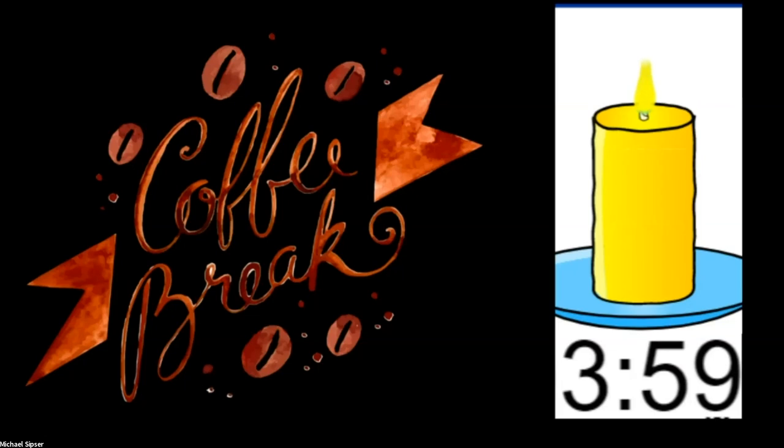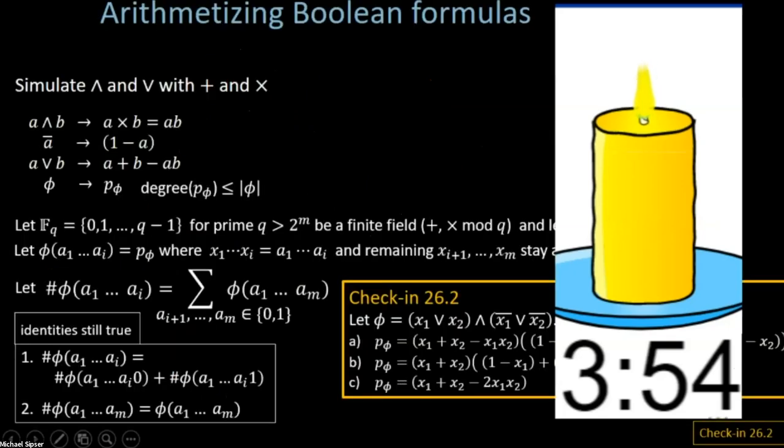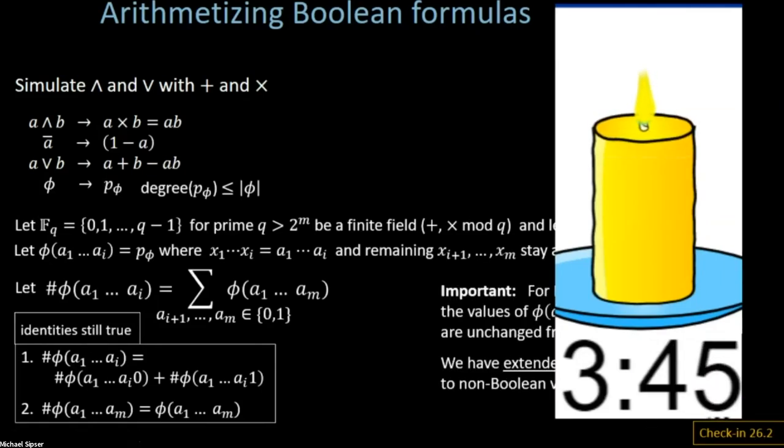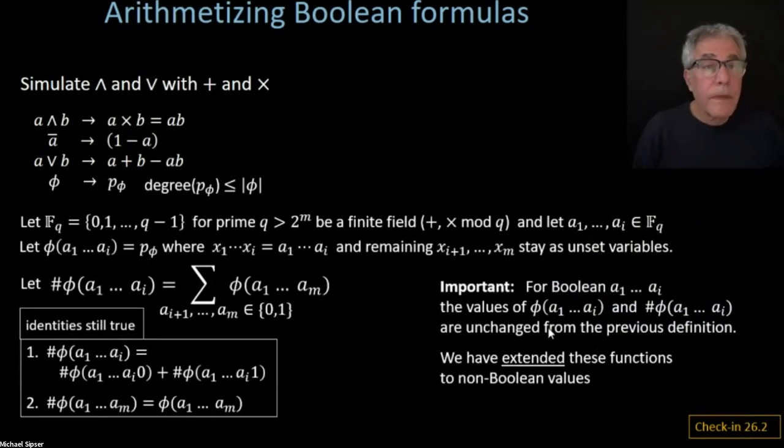Okay, so the important fact. Let's go back. You wanted to see the important fact. So this is what I was saying before. If I plug in Boolean values into the arithmetization, I get the same exact thing as I would have if I applied the Boolean operations before I did the arithmetization.